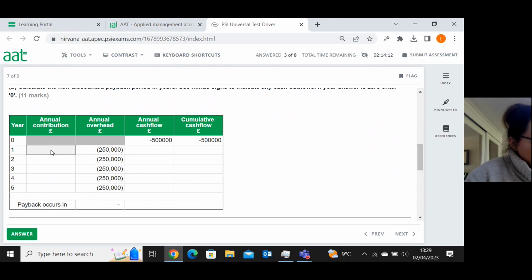So for year 1, that gives us 250,000. In year 2, we're going to do 8,000 units times 50. And in year 3, we're going to do 12,000 units times 50.